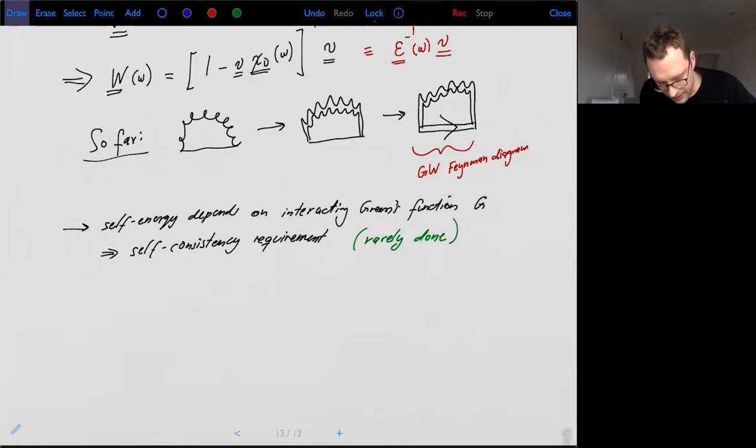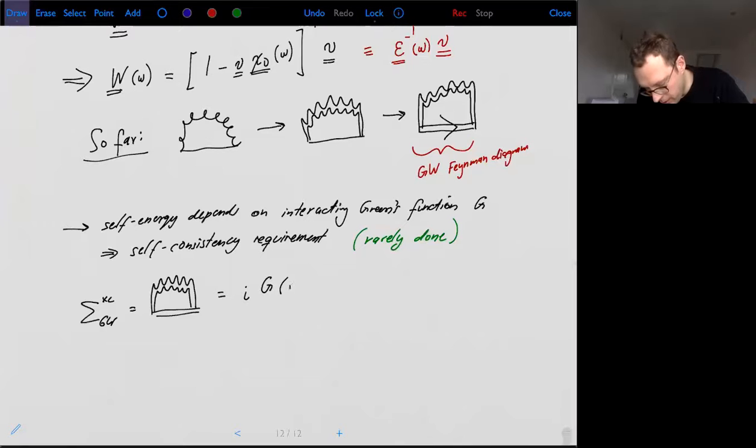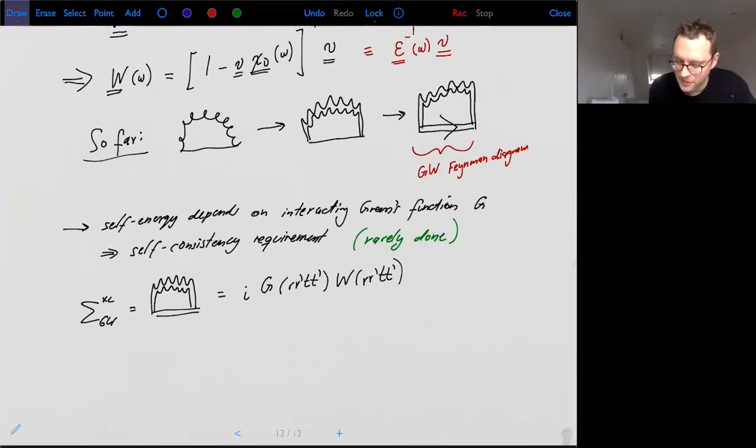So what we are saying is that our GW self-energy, at least the exchange correlation part of it, basically the part without the Hartree potential, is given by this diagram, right? And basically, the Feynman rules tell us that this diagram is just a product of G and W, right? So this is very easy. This is just G(r,r',t,t') W(r,r',t,t'), right? So this diagram is very easy to evaluate.